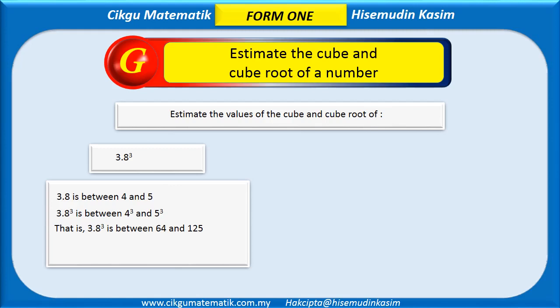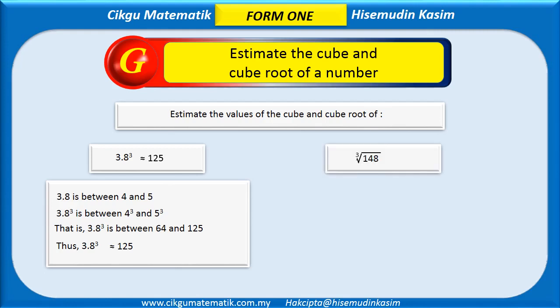That is, 3.8 cubed is between 64 and 125. Thus, 3.8 cubed is near to 125.